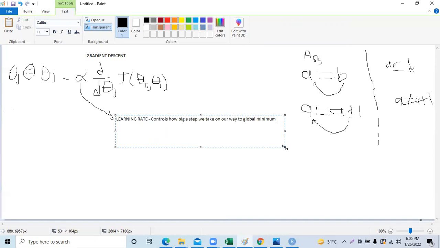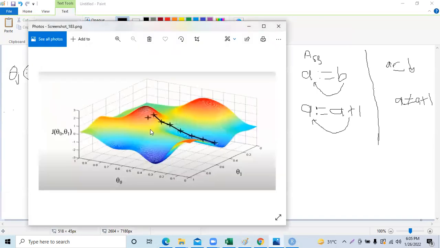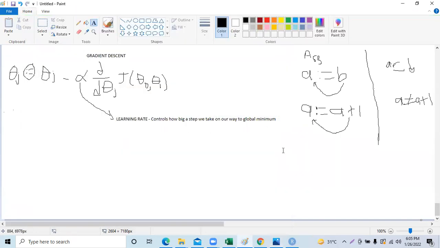So for example here, we had a very decent learning rate. So learning rate determines how big a step we take. Let's say this learning rate is 1. If we decide to have a learning rate of 2, one step will move from here to here, and that step will move from here to here. If we had a learning rate of 0.5, one step will move from here to here, the other step will move from here to here. So learning rate just determines how big a step we take on our way to global minimum.